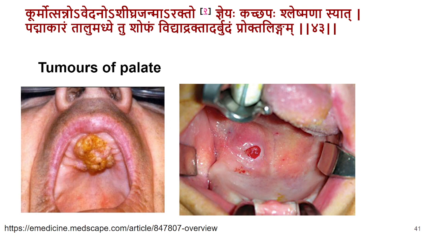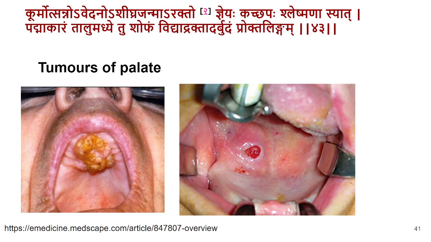The differences are when the lesion presents as a hard, slow growing mass, that's considered as kachapa. When the similar lesion, which is hard again, presents with a fragile surface, bleeding, and looks like a lotus over the surface, padmakaram, that's considered as the arbuda, mamsarbuda or talu arbuda.